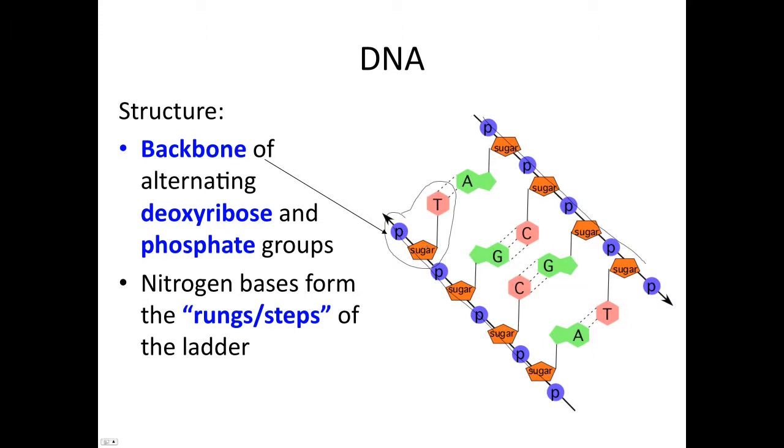The phosphate and the sugar are going to be making up the sides of the ladder, and the rungs or steps of the ladder are going to be our nitrogen bases. So you can see a nucleotide here, another nucleotide here, another nucleotide here, and so on. So just one is a nucleotide, and this whole thing is a nucleic acid.